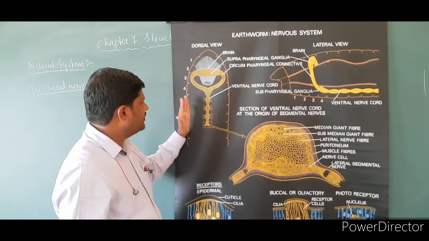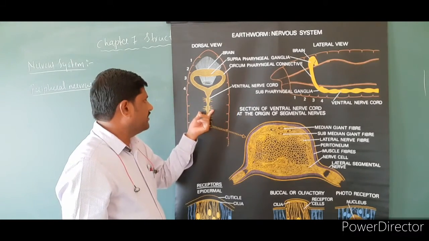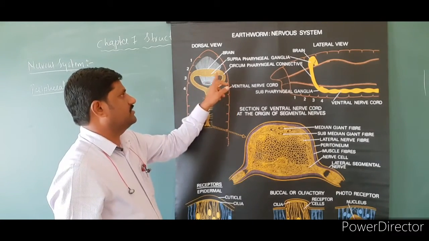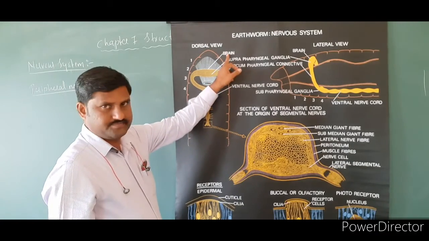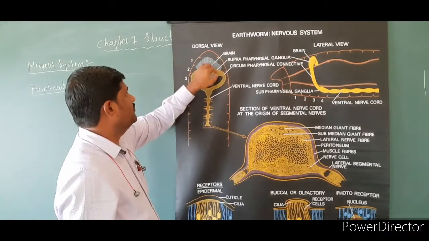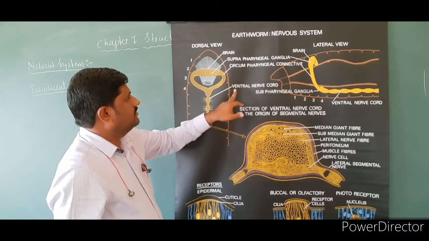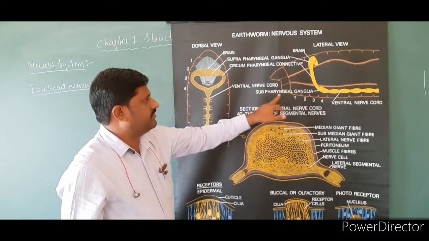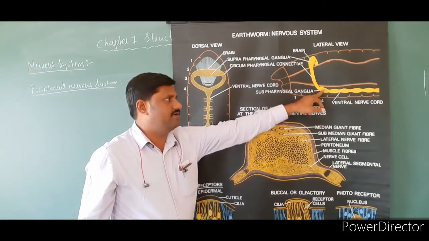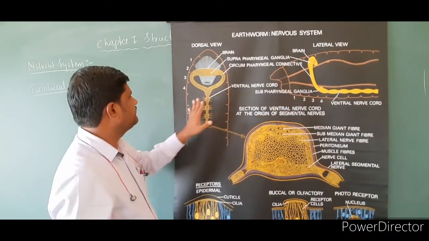See here, towards the periphery, what do you come across? The nerves which are arising from the brain or suprapharyngeal ganglions towards the head, and the subpharyngeal ganglions, from that also many of the nerves are distributed over here.